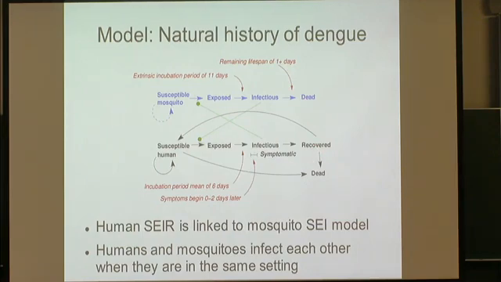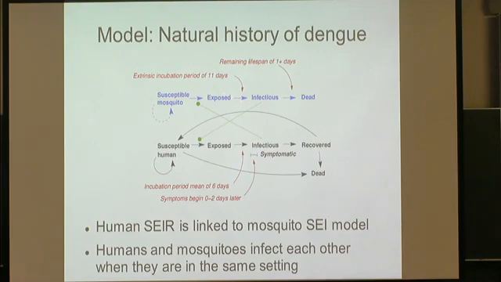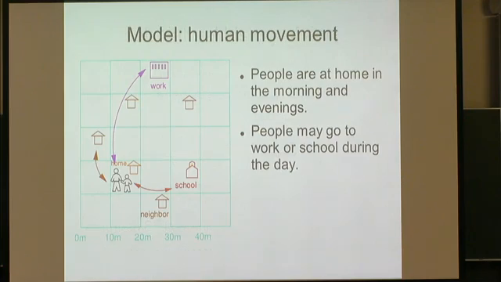And then they return to susceptible status each time until they've been infected with all 4 serotypes, if that's going to happen. The mosquitoes get infected in their salivary glands. They go through about an 8 to 11-day extrinsic incubation period, and then remain infectious for the rest of their life, which isn't very long after 11 days of incubating.